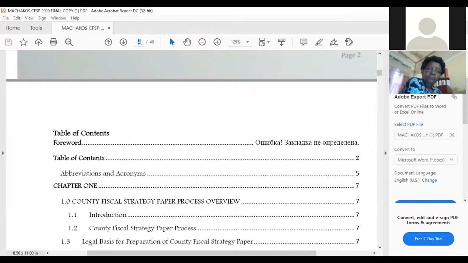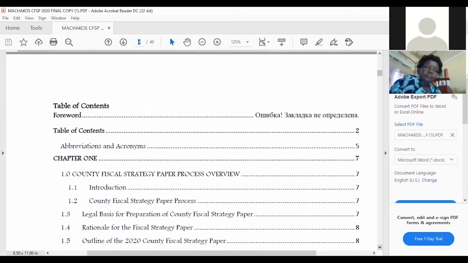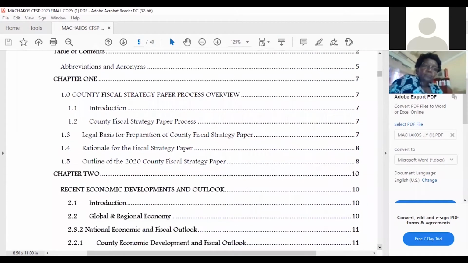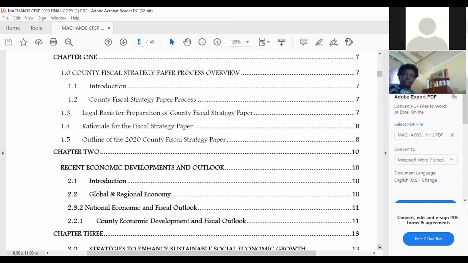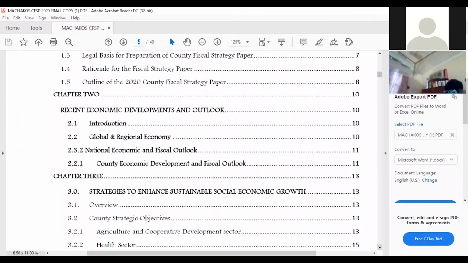I'd like now to jump to, so if you can see the table of contents, you can see that chapter 1 highlights the county fiscal strategy paper process overview, where it also entails the process, the legal basis, rationale, and outline of the 2020 fiscal strategy paper.